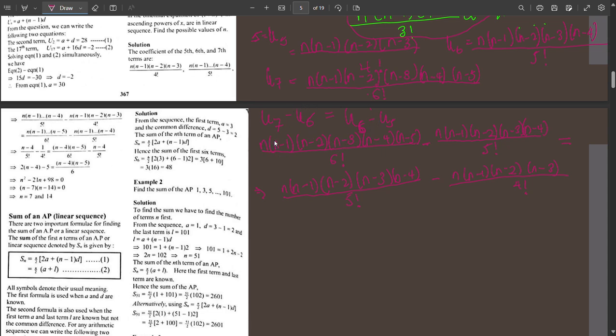We have n in all the terms, n minus 1, n minus 2, n minus 3 in all the terms.